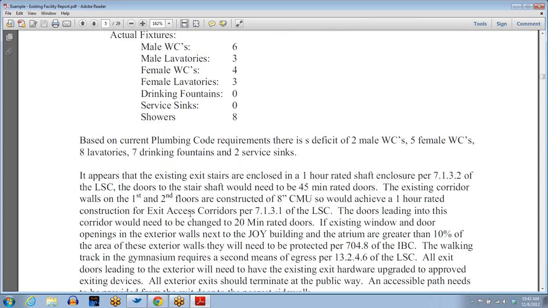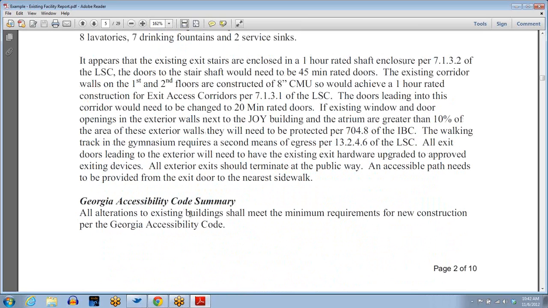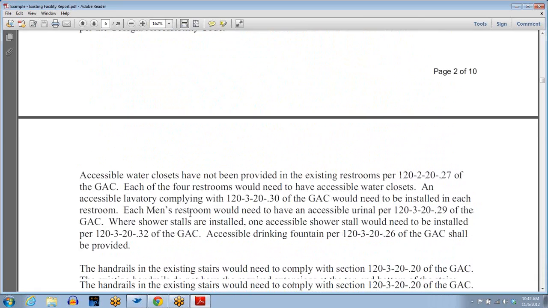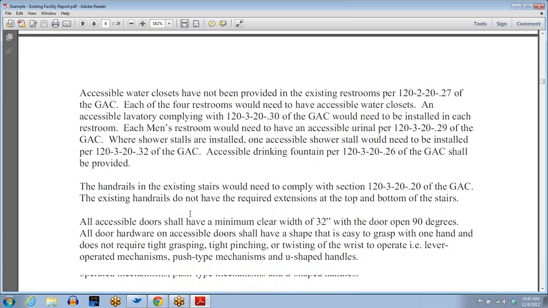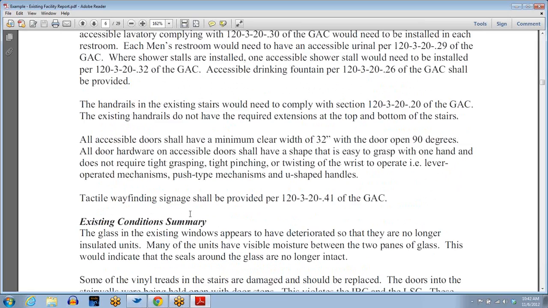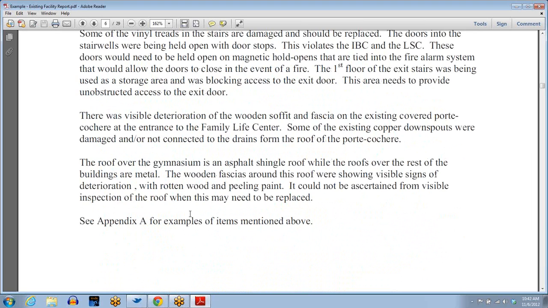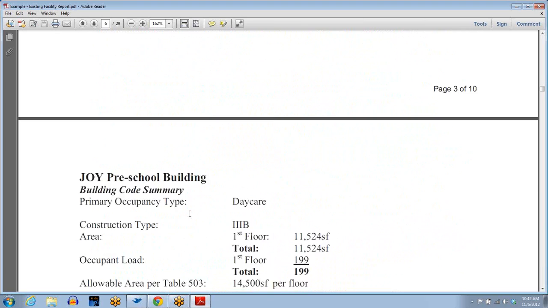They're giving you all of this information to make certain that they have understood what you have and the condition of your facilities, and then they'll summarize it and give you this.